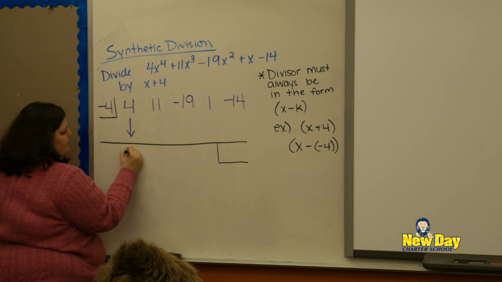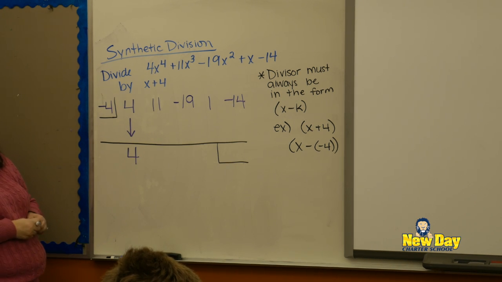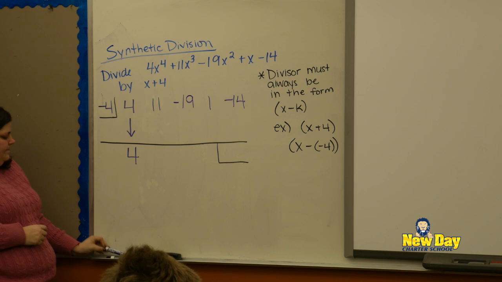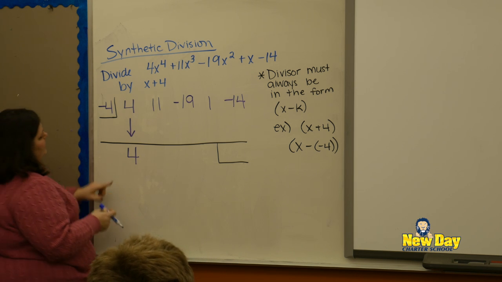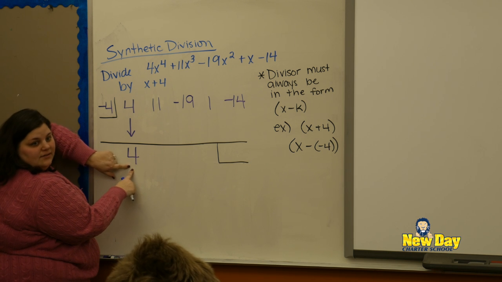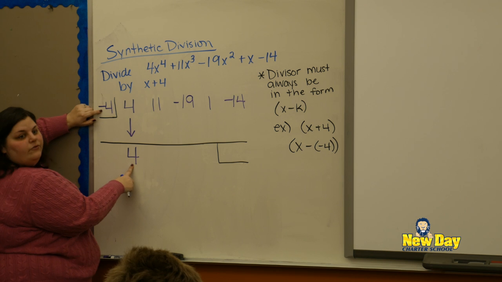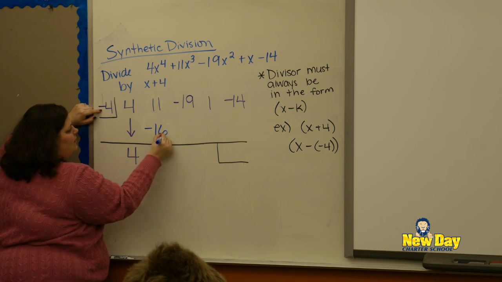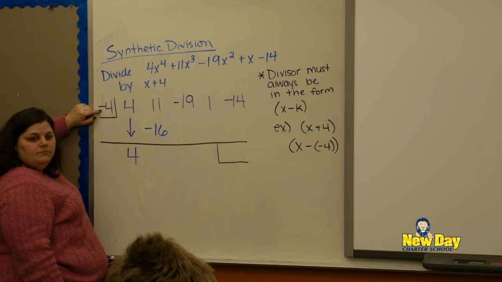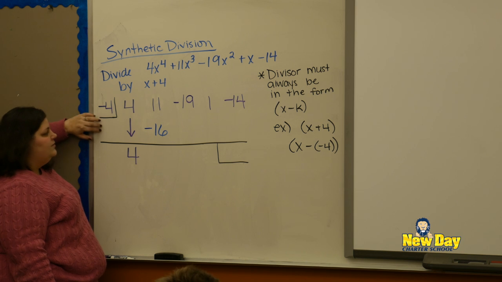It's just going to drop straight down, so we have a 4. Then we're going to follow this pattern. The pattern is we take whatever this number is and multiply it by this number. So what is 4 times negative 4? Negative 16. That's going to go underneath the 11. Okay? Remember I told you to leave yourself some lines.